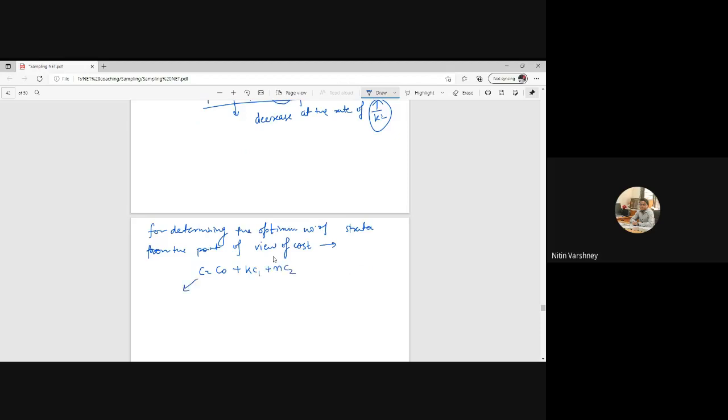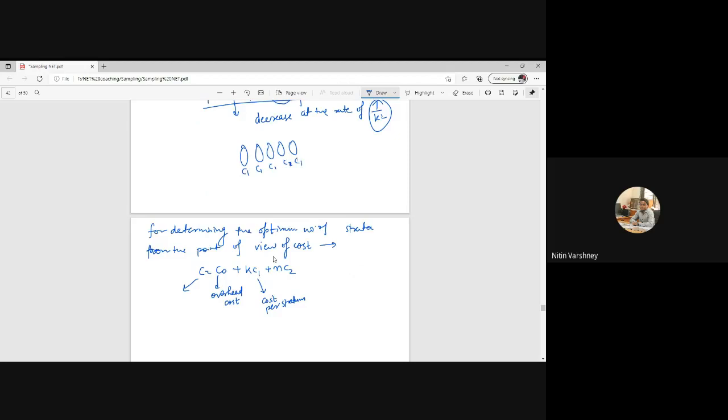C is the total cost, C0 is the overhead cost, and C1 is the cost per stratum. Suppose this is a fixed cost. The cost of making each and every stratum is C1.